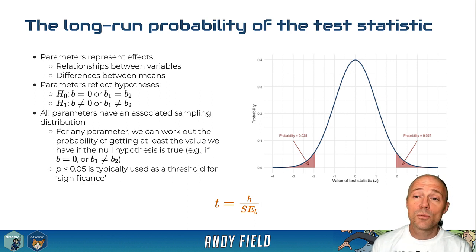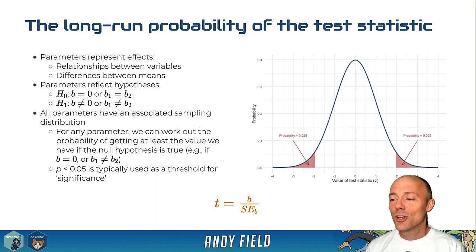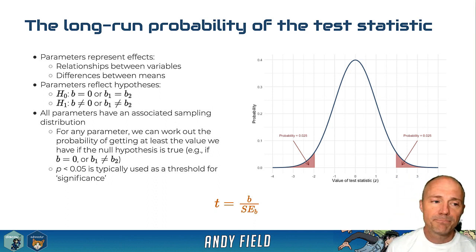So the null hypothesis, which we normally express as h0, is effectively saying that the b in the model, the parameter, is equal to 0, or there may be situations where we want to compare two parameters, so you compare the parameters of two variables. So the null could also be that parameter 1 is equal to parameter 2, or two of the betas in the model are the same.